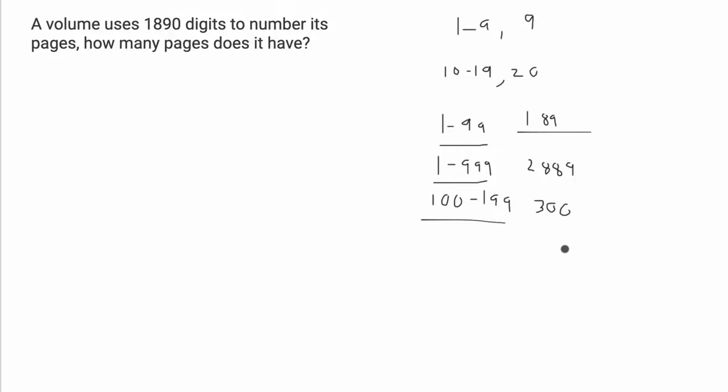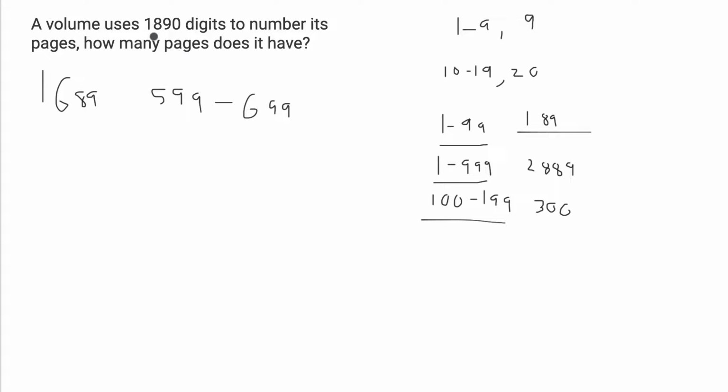The closest we get without going over is 1,689 digits. And you can check that happens at 599 pages. If we add another 300 to this, we'll be at 1,989, which is too big. So we do not have more than 699 pages. So we're between 599 and 699 pages.